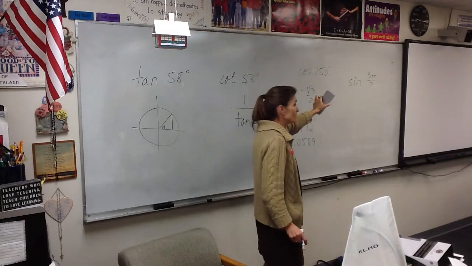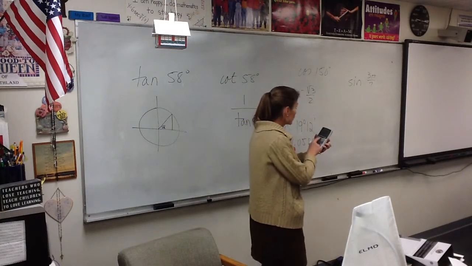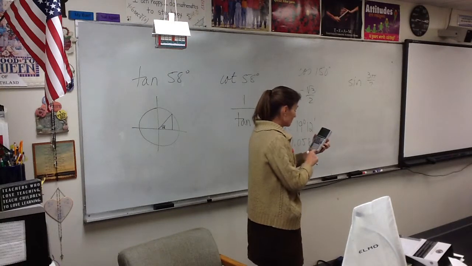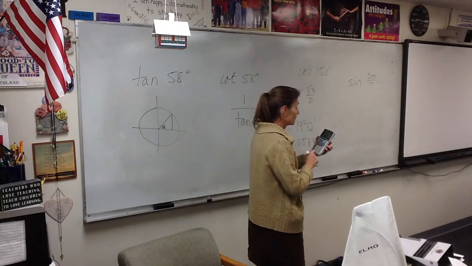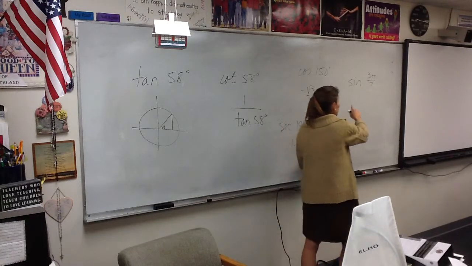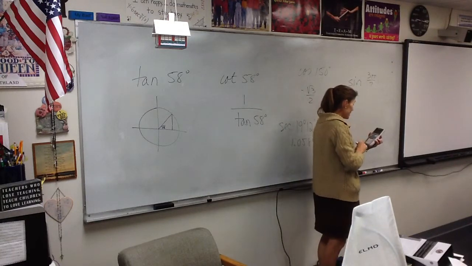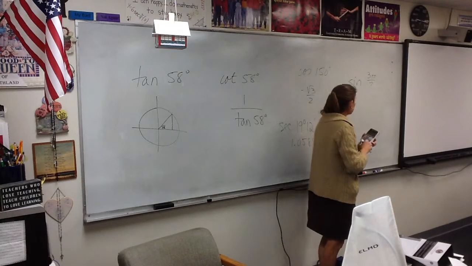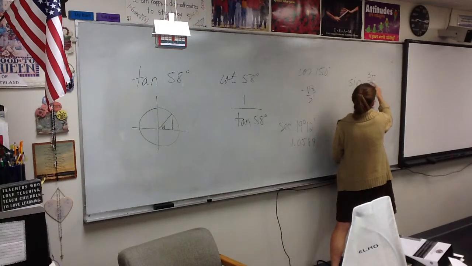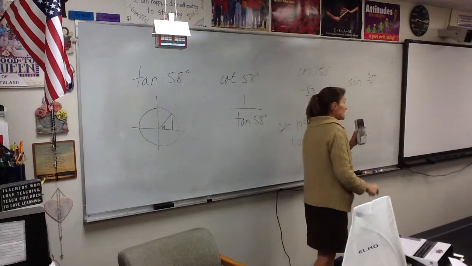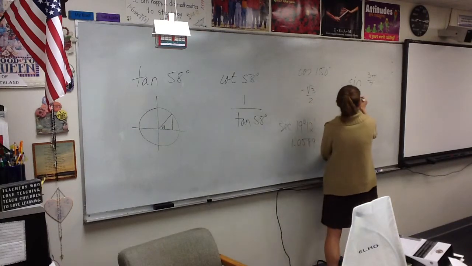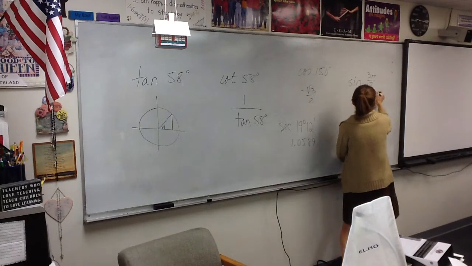We can enter this into our calculator, go to mode, put it in radians, and then literally type sine 3 pi divided by 7. Just key that in, press enter, and it's 0.9749.